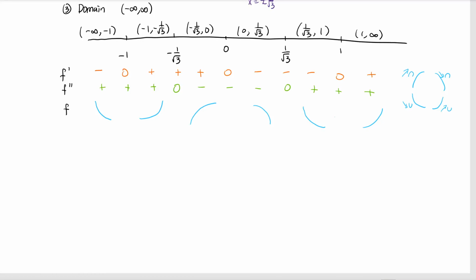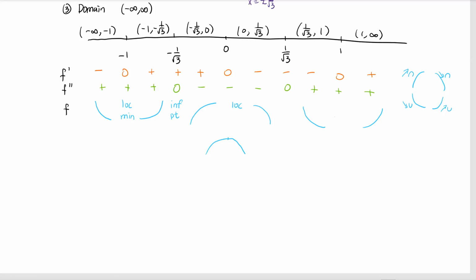Then imagine what happened here. You have this shape, and then after this point is this shape. What do you tell about this point? This is a local min. And this one, you can see increasing, and this is neither local max nor local min, but it's an inflection point. Here we have this shape and then this one.